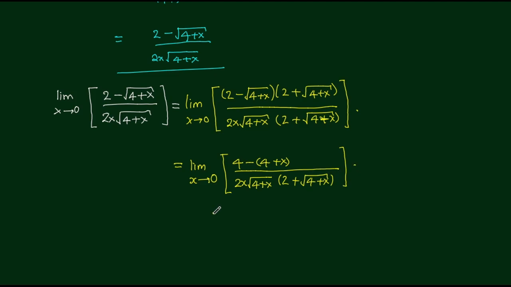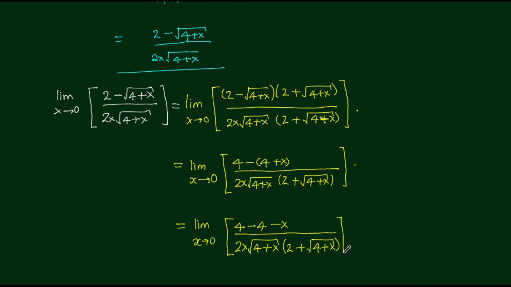Then we can move on and open up the bracket from the numerator, whereby x tends still to 0, and when you open up this bracket we have negative 4 minus x from the numerator, and in the denominator we have 2x and the root of 4 plus x, then times 2 plus under root of 4 plus x, and again here we have 4 disappearing.